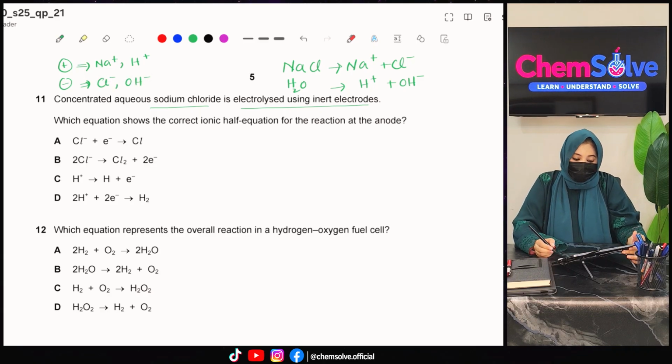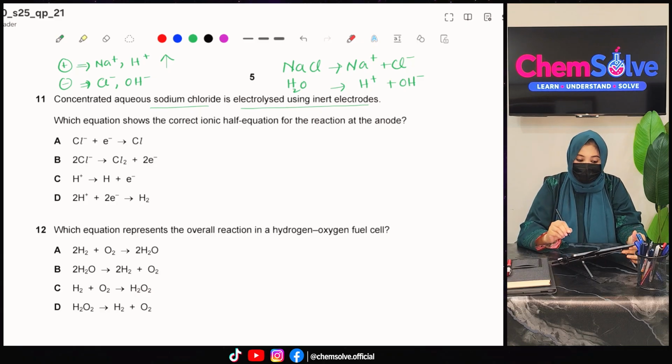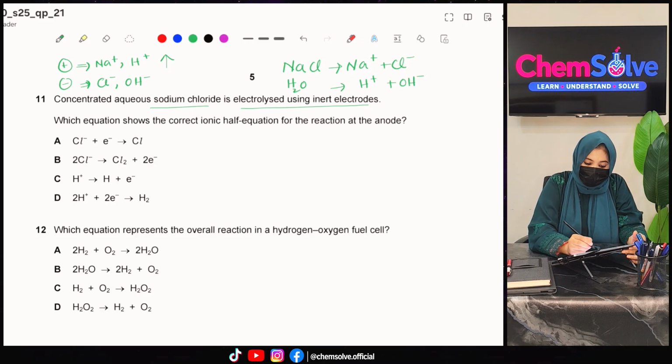Okay, so for concentrated solutions, for positive ions, we look at the electrochemical series from down. Whatever comes first will be discharged. So hydrogen comes first. So at cathode, H positive will be reduced.